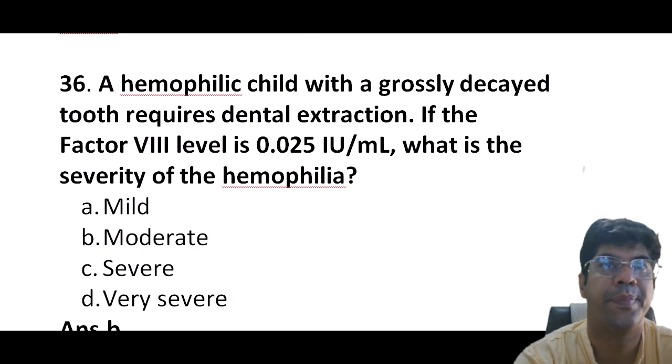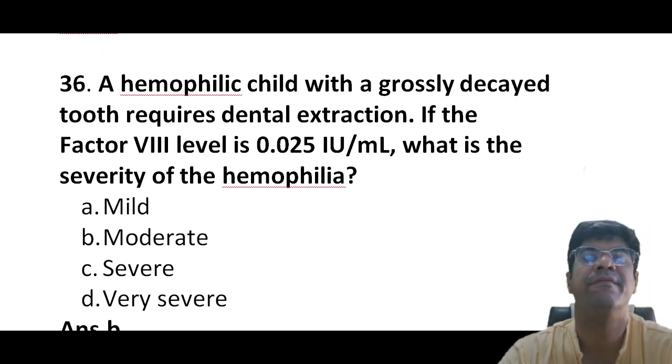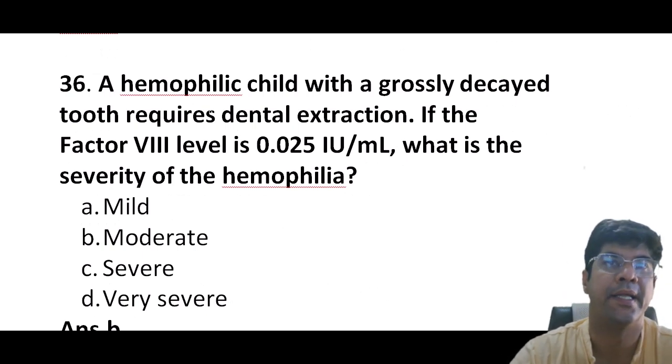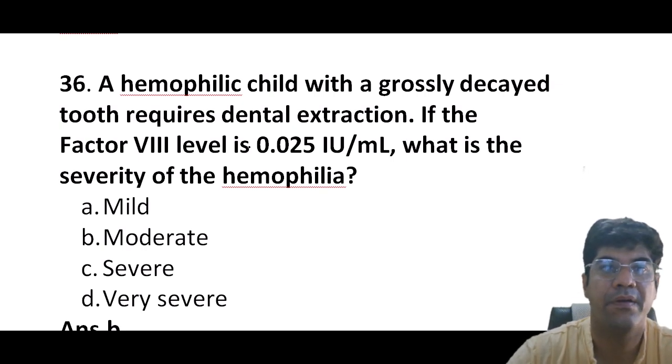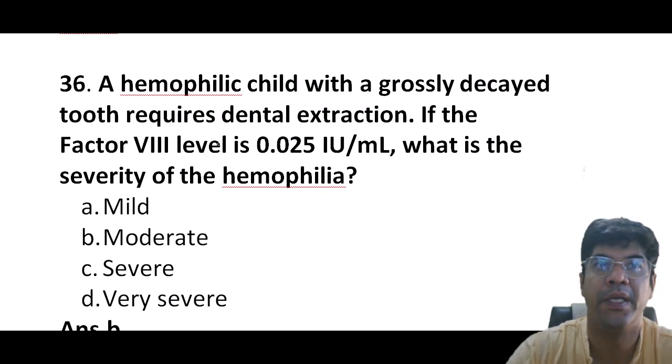A hemophilic child with a grossly decayed tooth requires dental extraction. If the factor 8 level is 0.025 IU per ml, then the severity of hemophilia is, remember, not mild; the answer would be moderate.